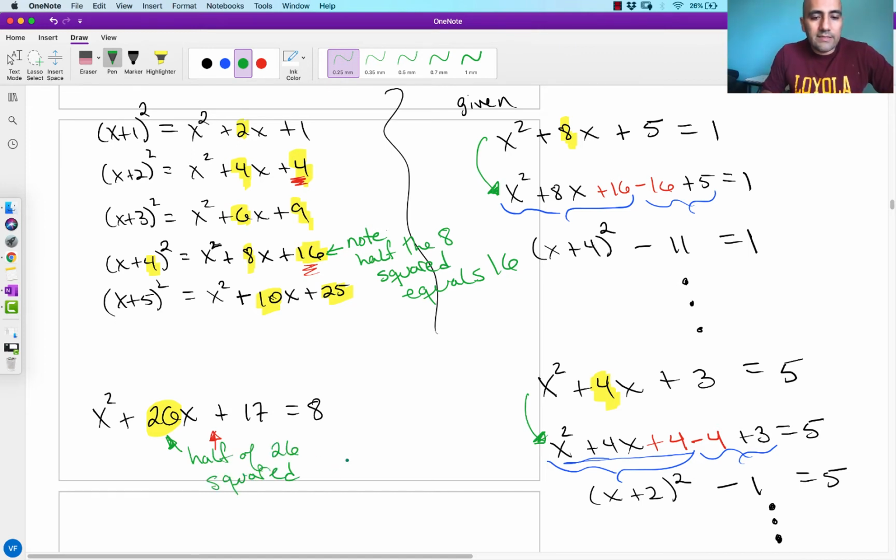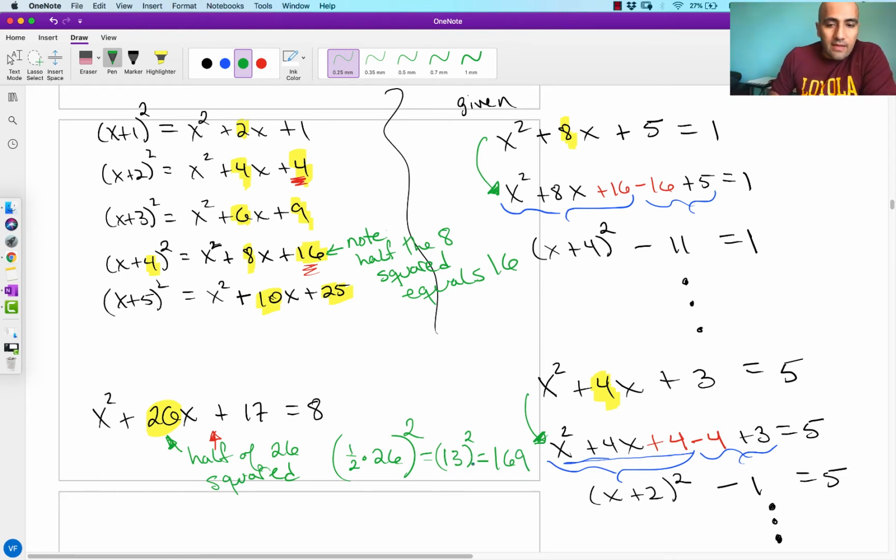Well, that would be the same thing as 1/2 times 26 squared. In other words, 13 squared. 169. Okay, so armed with that, I can see that what I need to do is add and subtract 169, and that will lead to the perfect square trinomial I need to solve this.